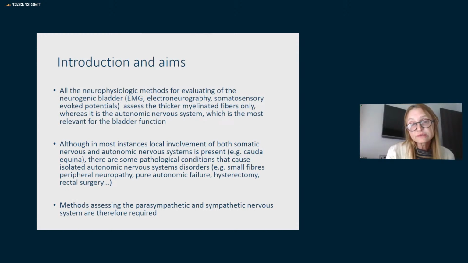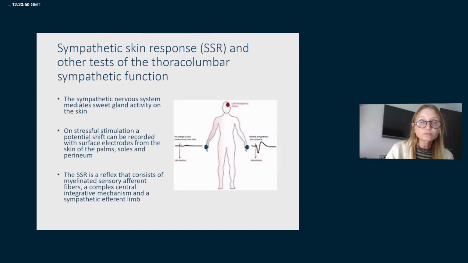In most instances there is local involvement of both the somatic and autonomic nervous system, for example in cauda equina, but there are some pathologic conditions that cause isolated autonomic nervous system disorder. For example, small fiber neuropathy, pure autonomic failure, or neurogenic disease after hysterectomy or rectal surgery. And therefore, methods assessing the parasympathetic and the sympathetic nervous system are required.